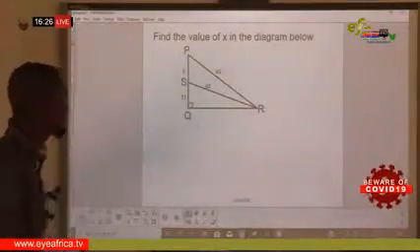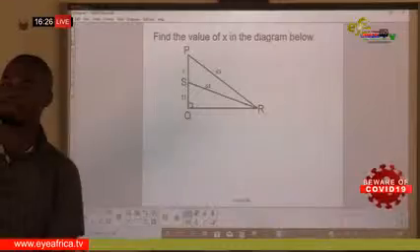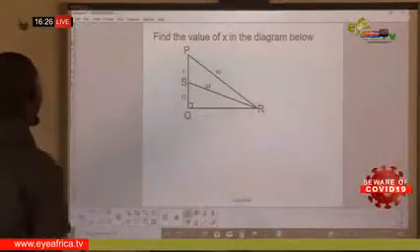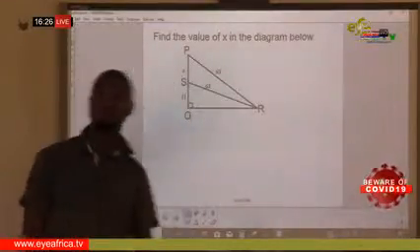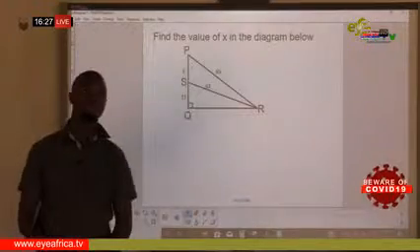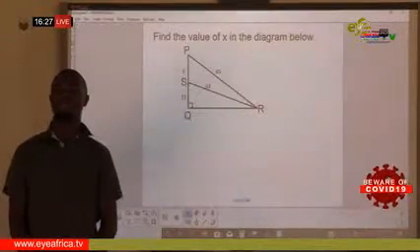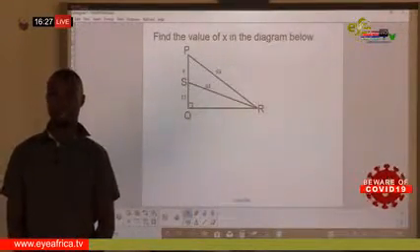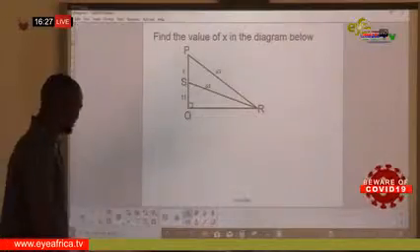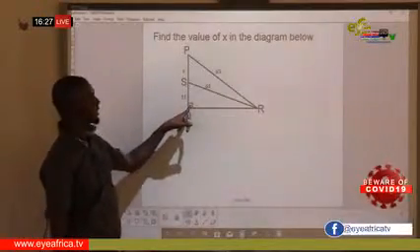All right. We have another question. This one says find the value of x in the diagram below. Let us look at the diagram. Do we have a right angle triangle in the diagram? Yes, by looking you can tell.